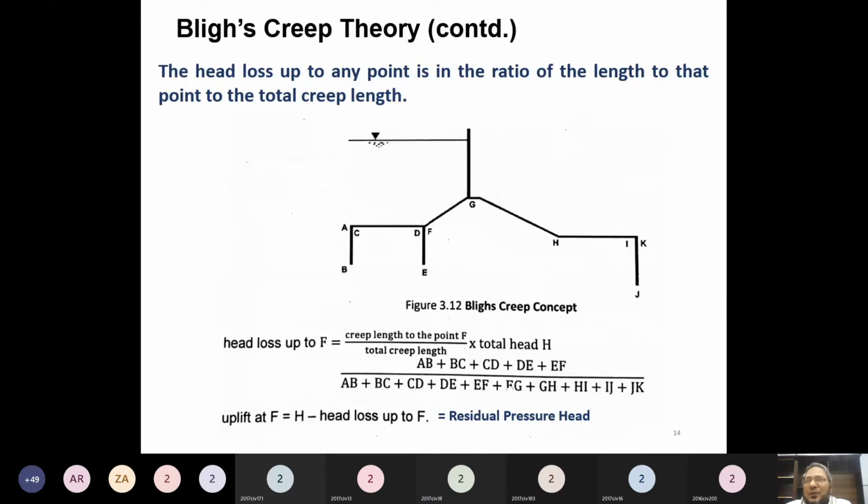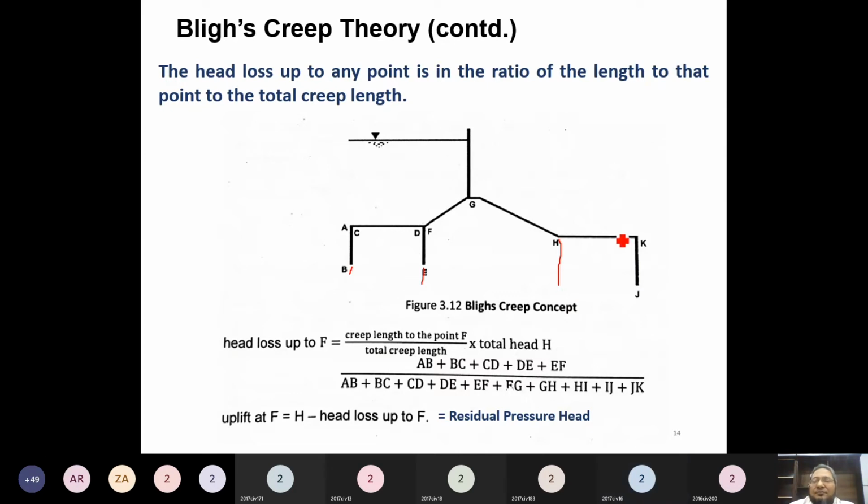The figure of the barrage is just before you. Sir, it can be increased by increasing the depth of the sheet piles. Okay, one way is that we can increase the sheet pile lengths, but there are certain limitations. Another approach: we can give an additional sheet pile at point H, and then again I am increasing the total creep length.